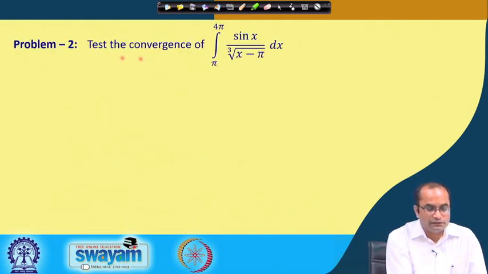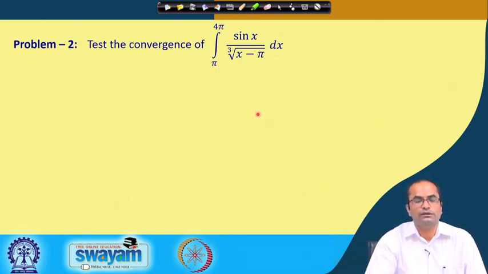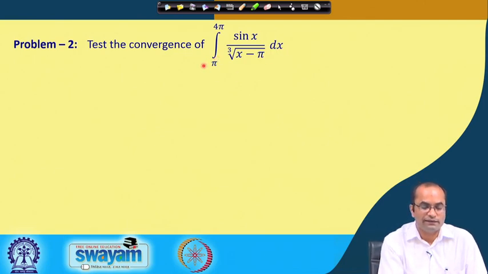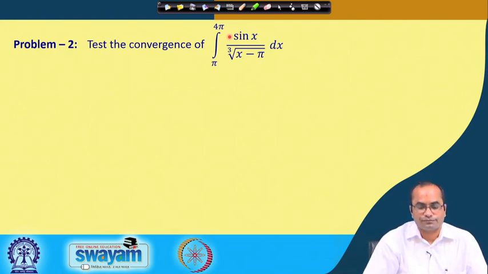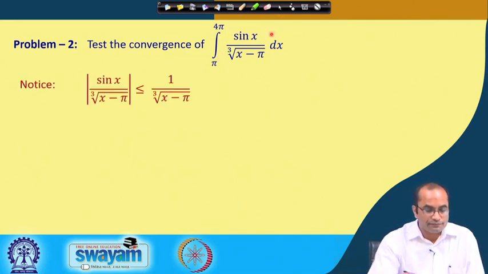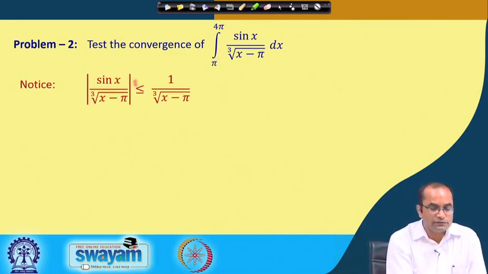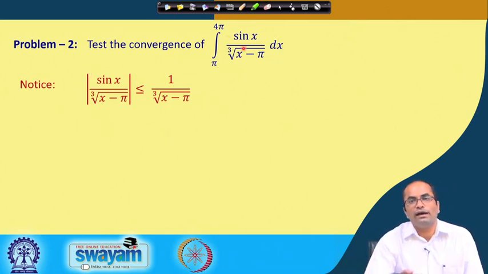Now, we will test the convergence of the integral from pi to 4 pi of sin x over the cube root of (x minus pi) dx. Here the integrand is getting unbounded, and now we will discuss the convergence. It is rather easy to see that if we take even the absolute value of the integrand, and we discussed this in the last lecture, which is called absolute convergence.